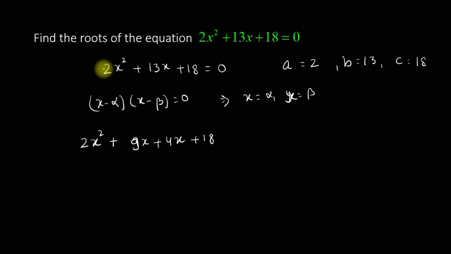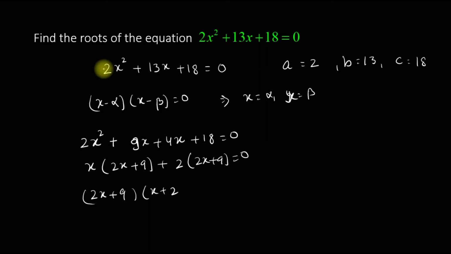So here we split the middle term, and we take x as common from the first two terms, so we can write x into 2x plus 9. In the second part we take 2 as common, so we have 2 into 2x plus 9, and in both expressions 2x plus 9 is common, so we can write 2x plus 9 into x plus 2.